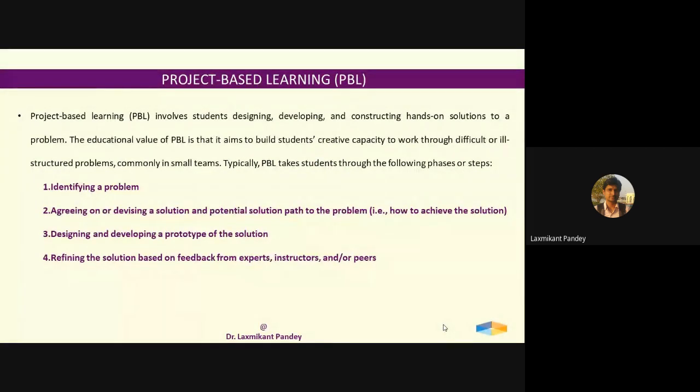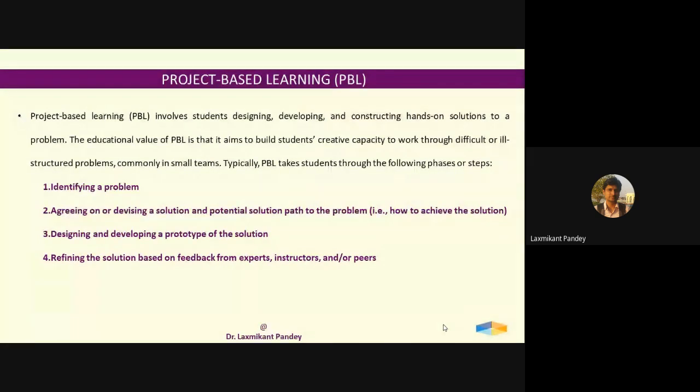This is called designing and developing a prototype of the solution of that particular problem. And the fourth is refining the solution based on feedback from experts, instructors, and peers. That is a very important thing.